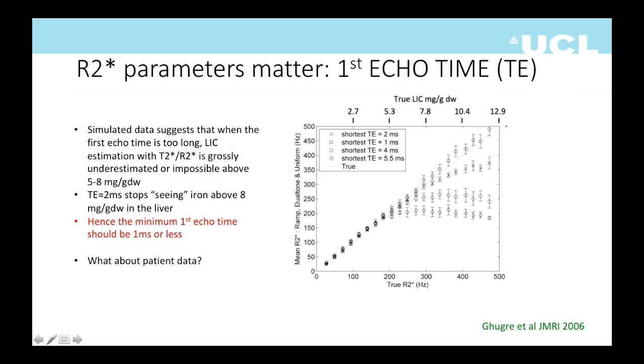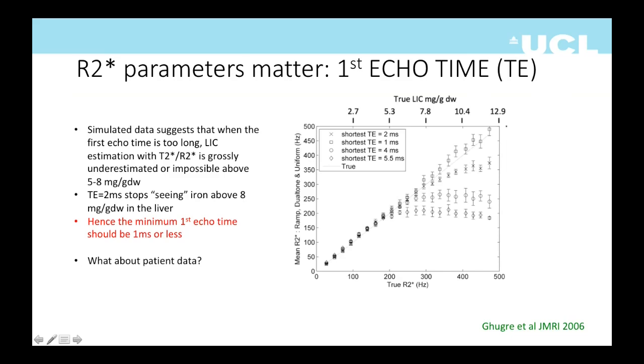So this is the 2 millisecond tracing. You can see that you stop seeing the true R2 star or LIC above, let's say, the mild cutoff of 7. It's much worse if you use a higher first echo time.